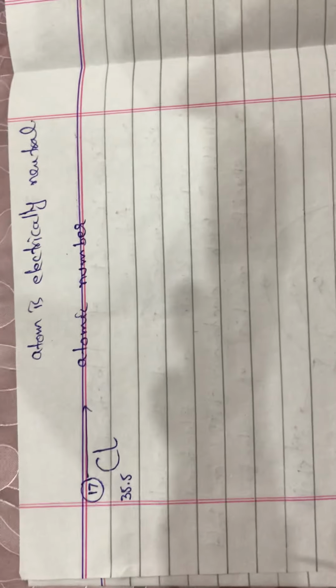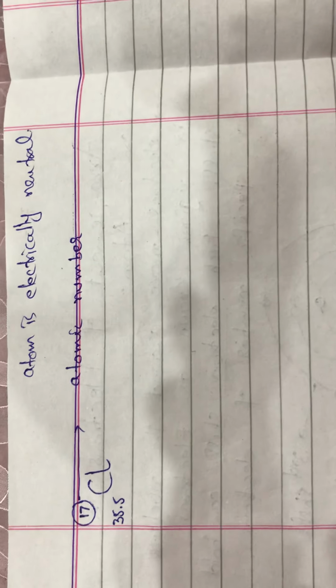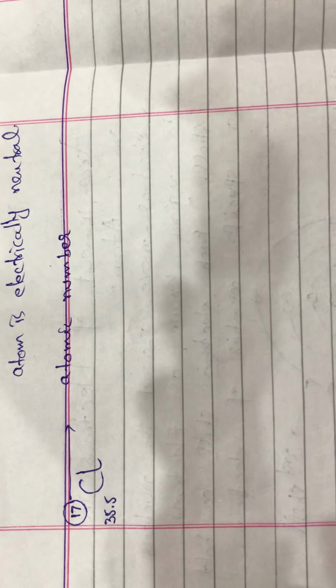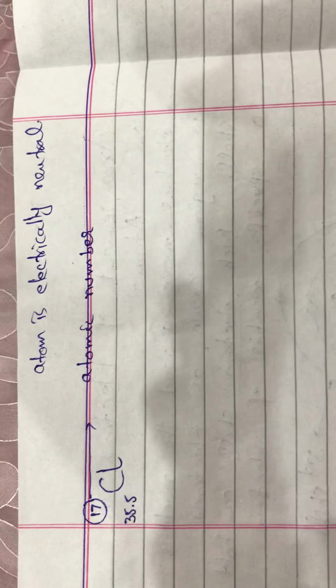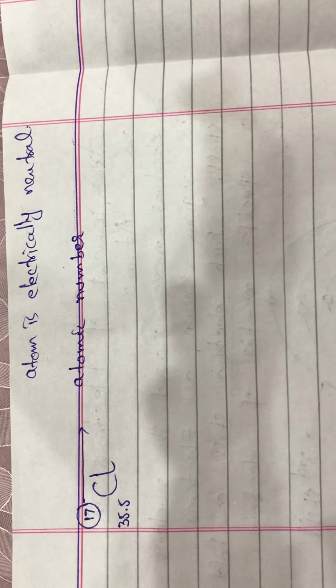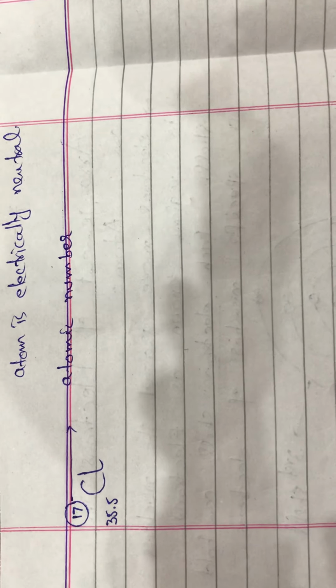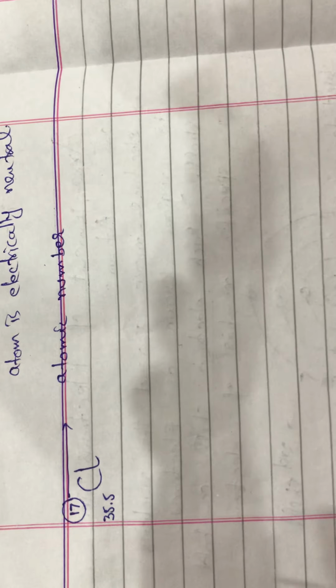And what concept was behind this statement, an atom is electrically neutral? Because in an atom we have the same number of protons and the same number of electrons, and the positive charge cancels out or balances the negative charge.